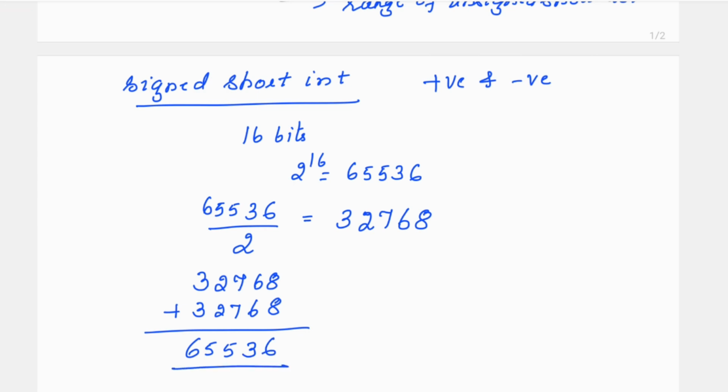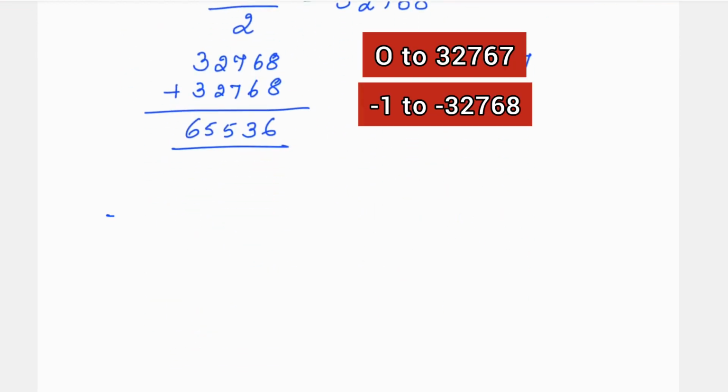Now positive values, definitely the number starts from 0. For all positive values the range will be from 0 to 32,767, and for all negative values it will be -1 to -32,768. So the same thing, let me put it in a scale.